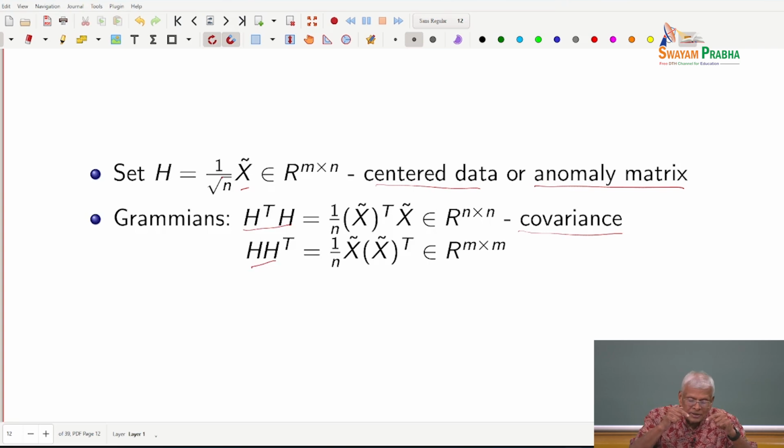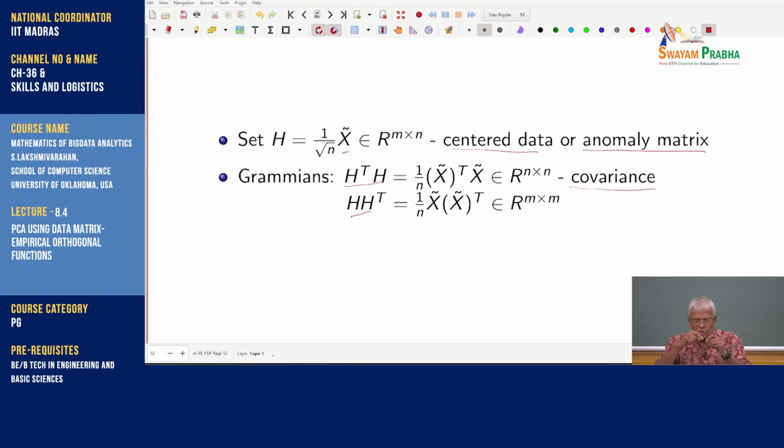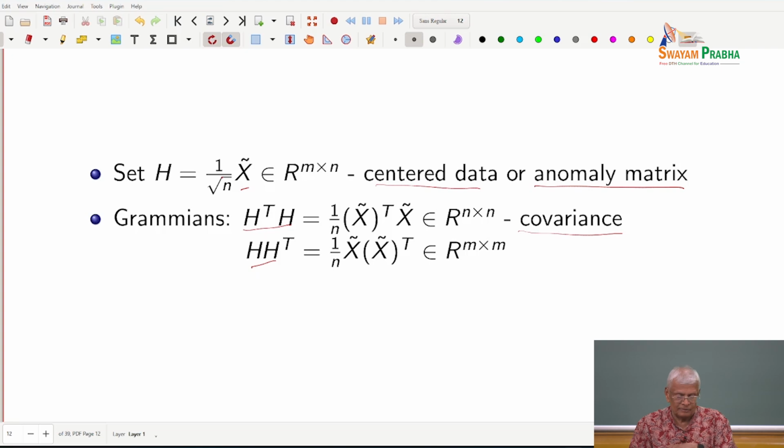Now, if I replace X by X hat, I get the correlation matrix. So I can do the PCA analysis either by using the raw data, or by using the centered data, or by using the centered and normalized data. With me? So I can talk about 3 different forms of analysis where H depends on X, H depends on X tilde, H depends on X hat.